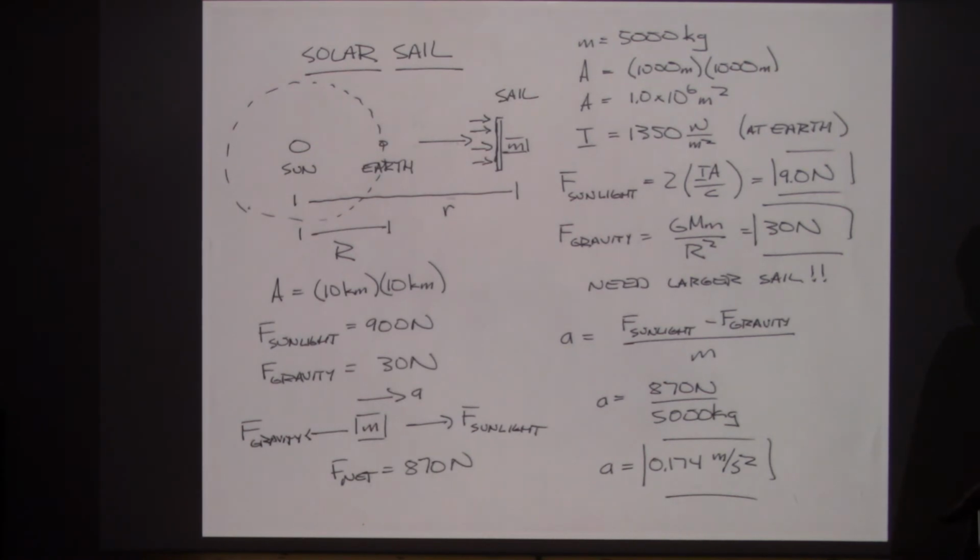Now again, that looks like a small acceleration, but the problems that we're used to looking at with accelerations, the accelerations only last for a few seconds. And this time, the acceleration just lasts 24/7. You know, the acceleration is just constant. And so we can actually pick up some pretty high velocities.